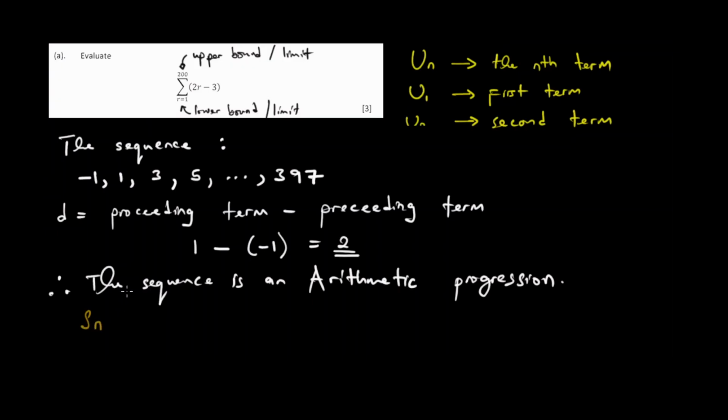Saka sum of n kana tiri ku arithmetic progression ingori equal to n over 2 yobva yati 2a plus n minus 1d, or sum of n ingori equal to n over 2 yobva yati a plus l, and toziva kuti l inenge chirepresenta the last term.